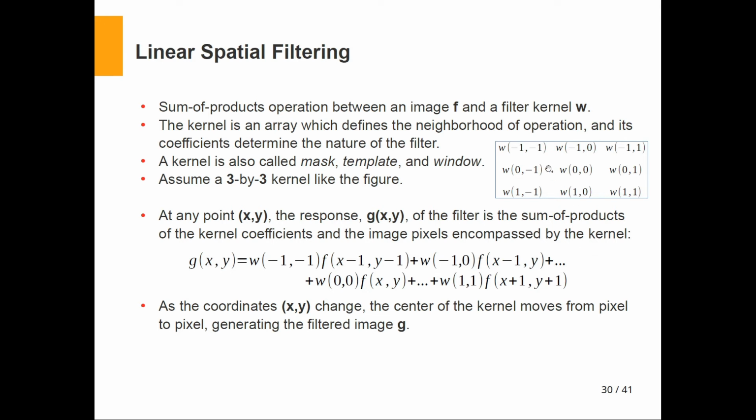So if we have this kernel and we put the center of this kernel at location X and Y, the response of the image to this kernel for that location, which we denote here by G of X and Y, is going to be W of -1, -1 multiplied by F of X minus 1, Y minus 1, plus W of -1, 0 multiplied by F of X minus 1, Y, and so on, all the way to W of 1, 1 multiplied by F of X plus 1, Y plus 1.